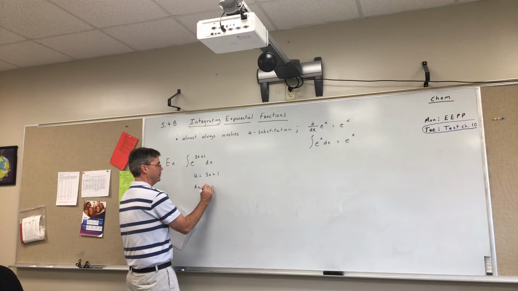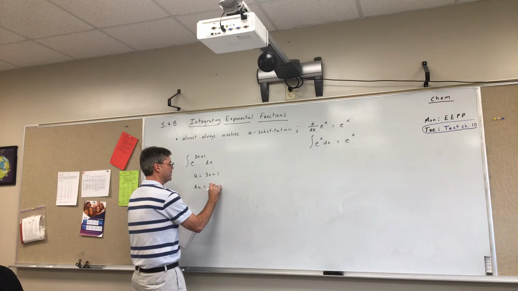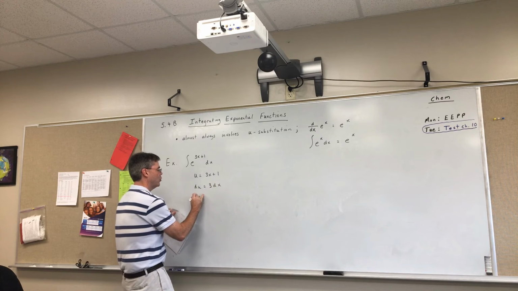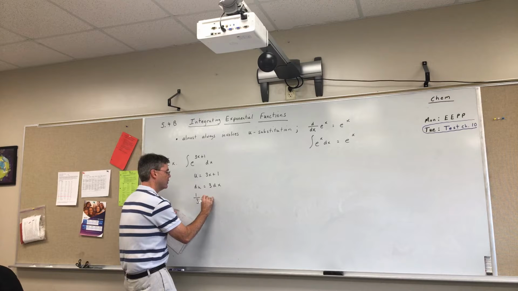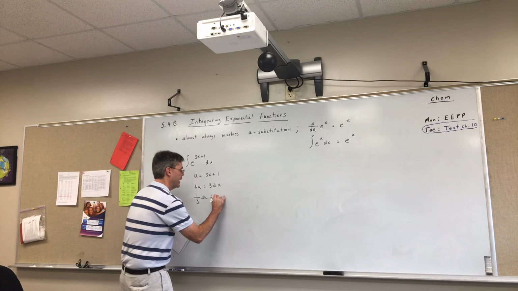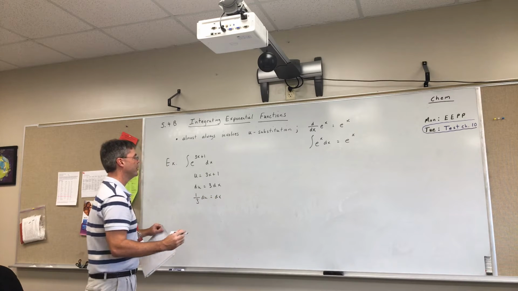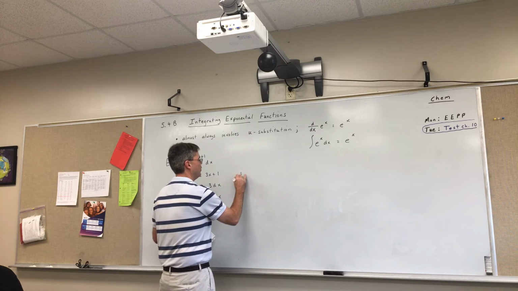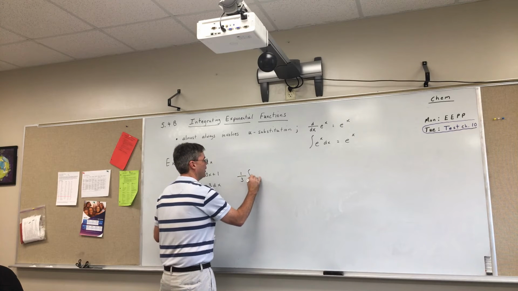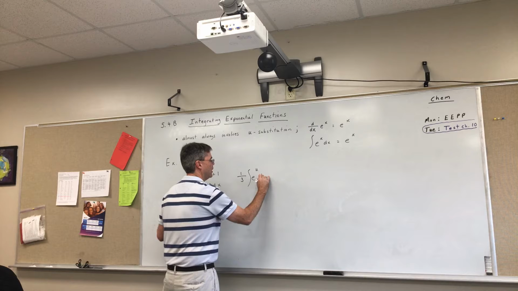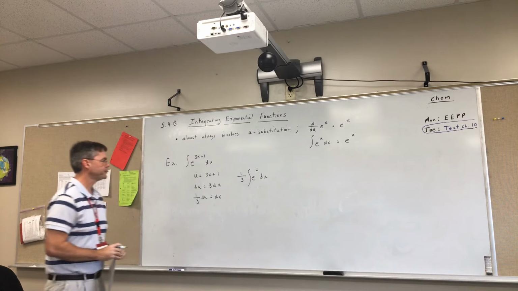Du then would be 3 dx. So 1/3 du is going to be dx. So then we could rewrite this as 1/3 e to the u du.